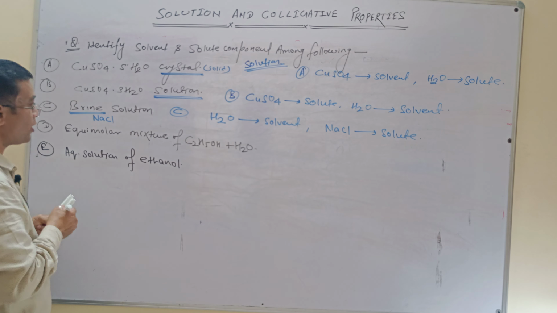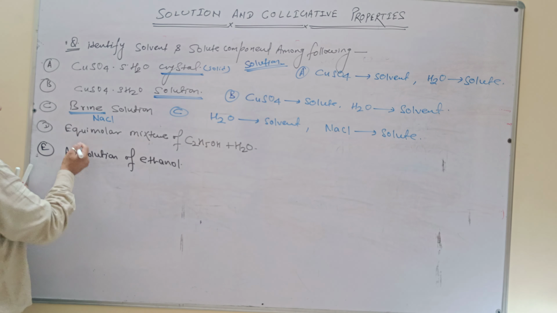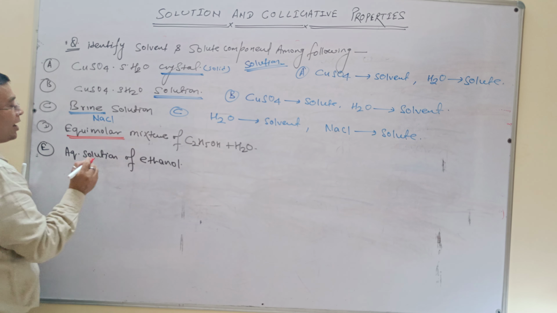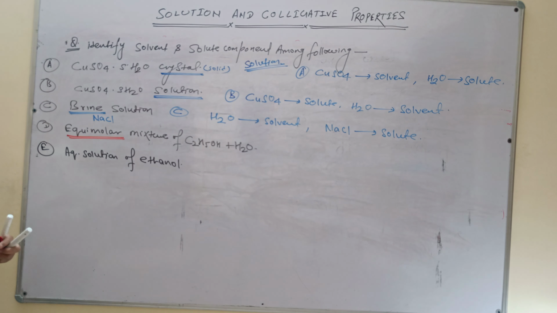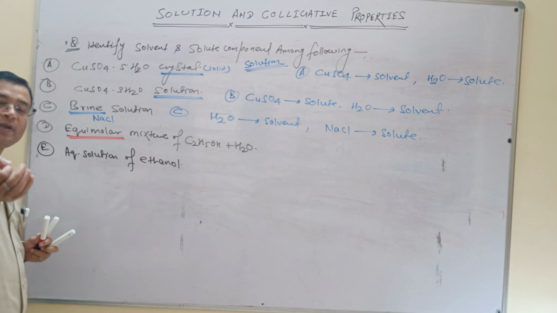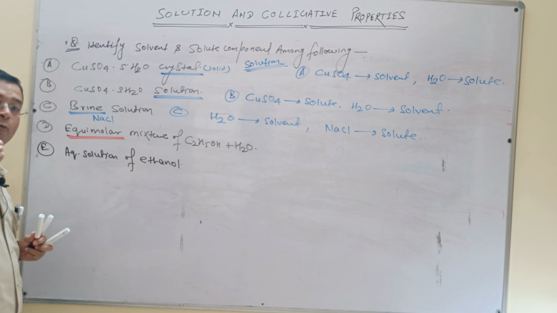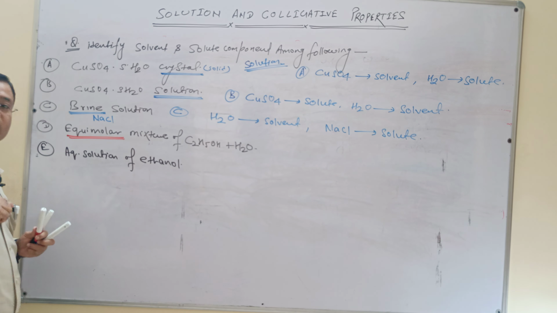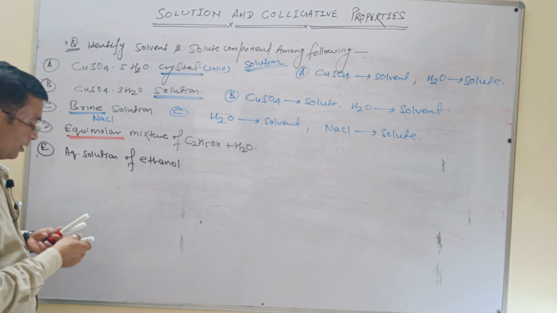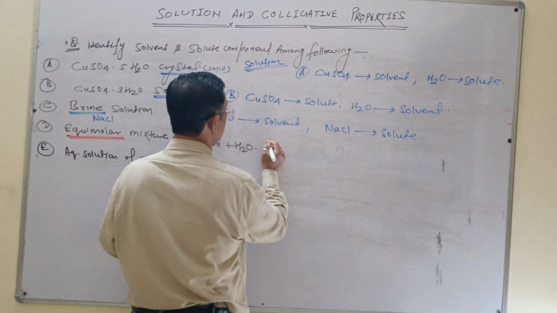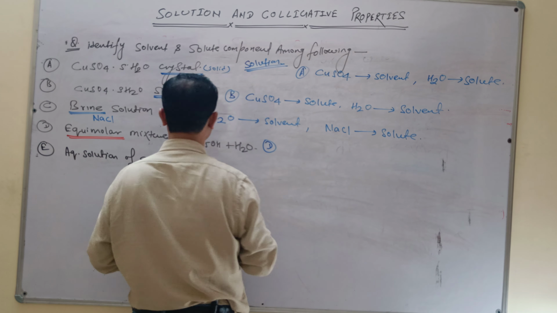In the next question, equimolar. This is a very important concept. What is the meaning of the word equimolar? It means they are present in equal moles, having the same number of moles. If the moles are the same, then see here what the concept is for solving this question.